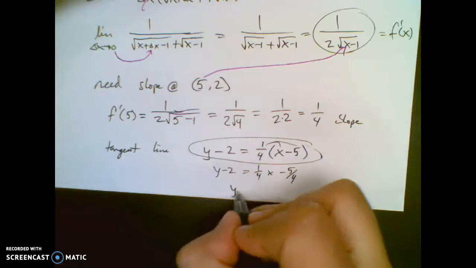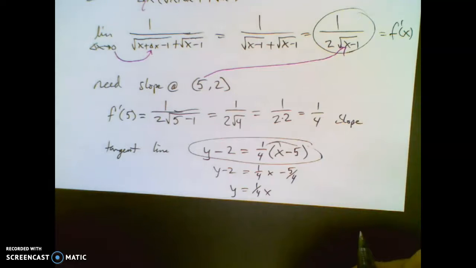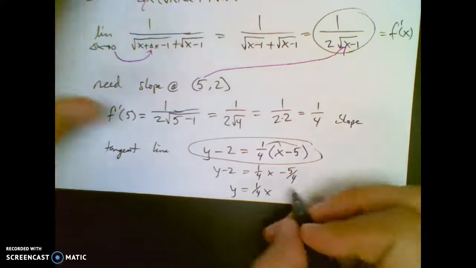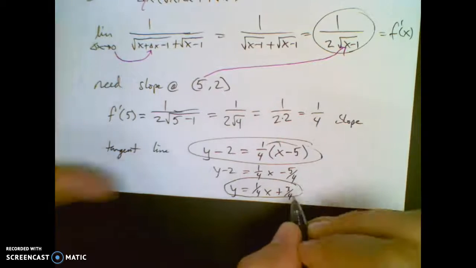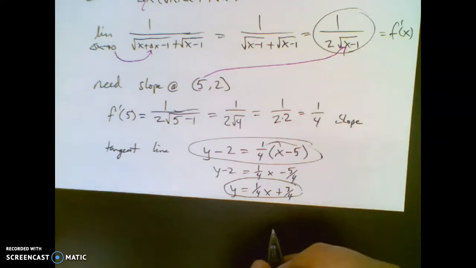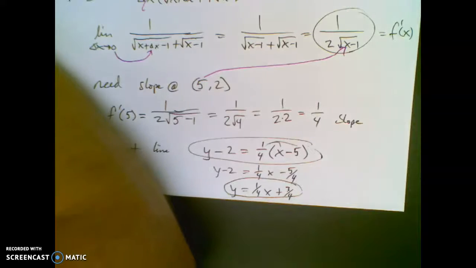It's not really hard. 1/4 x, and I need negative 5/4 plus 2, which would be, what, 3/4? I think so. Awesome.